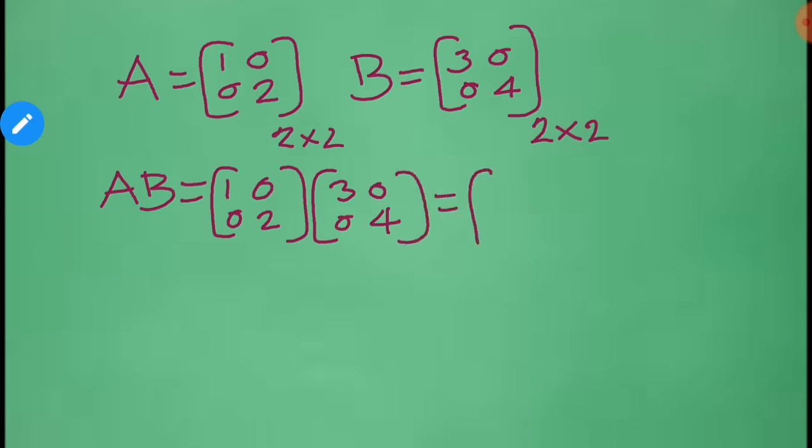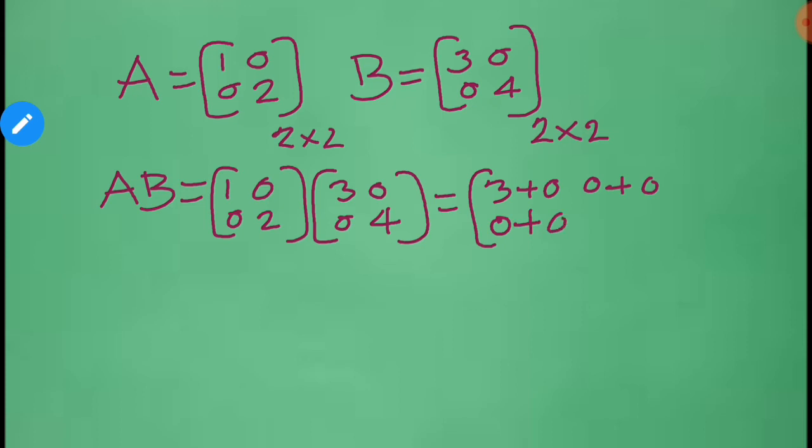That's equal to, multiply the first row with the first column, that is 1 into 3 is 3, 0 into 0 is 0. So 3 plus 0. Next one is 1 into 0 is 0, 0 into 4 is 0. Next, second row with the first column, 0 into 3 is 0 plus 2 into 0 is 0.